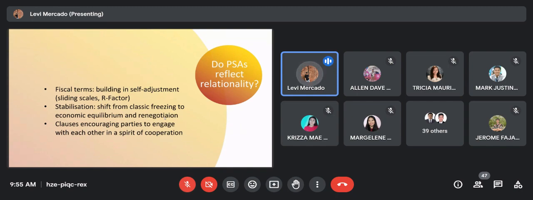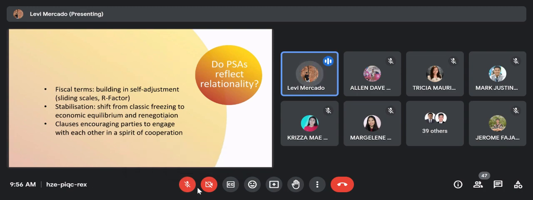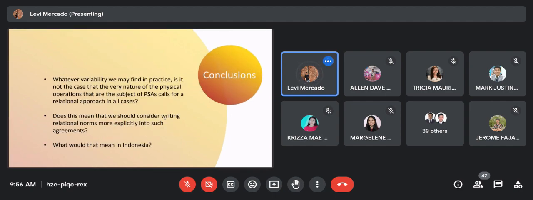Hihinga muna. Okay. So, do PSAs reflect relationality? Meron, but yun nga, sabi ko, PSA is more on monetary aspect. Yung agreement na makikita mo doon. Unlike sa relational contract na more on parang integrity-based siya between two parties. Okay.